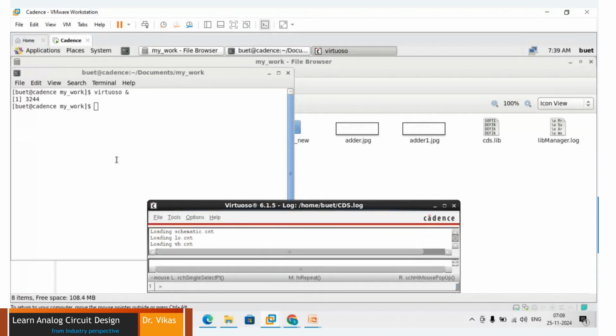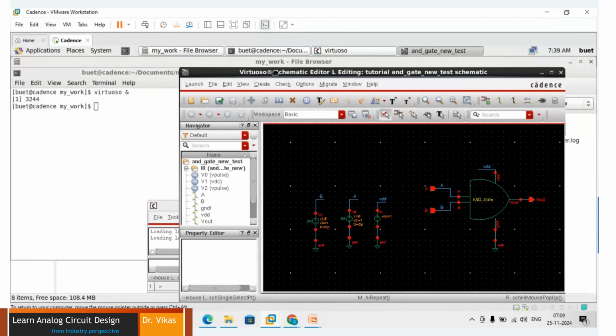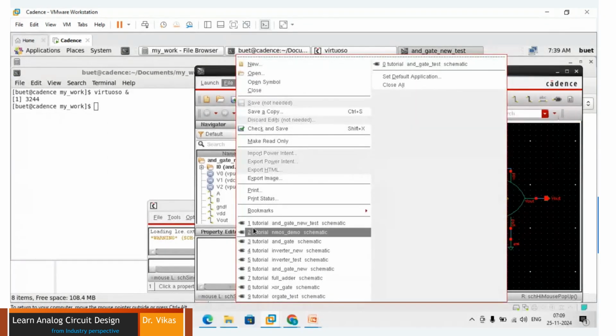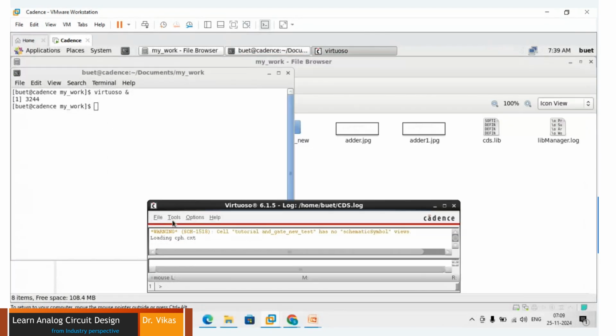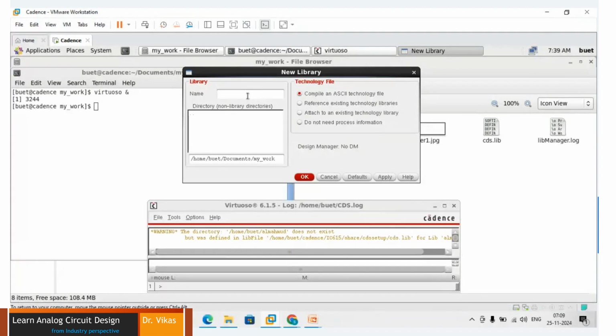This is basically how you open up the Virtuoso tool: if you write virtuoso ampersand, it opens the tool. Once you do that, this particular dialog box will open, and I'll go to File and first go to New Library. I'm going to create a new library, so here I can name it NMOS demo.